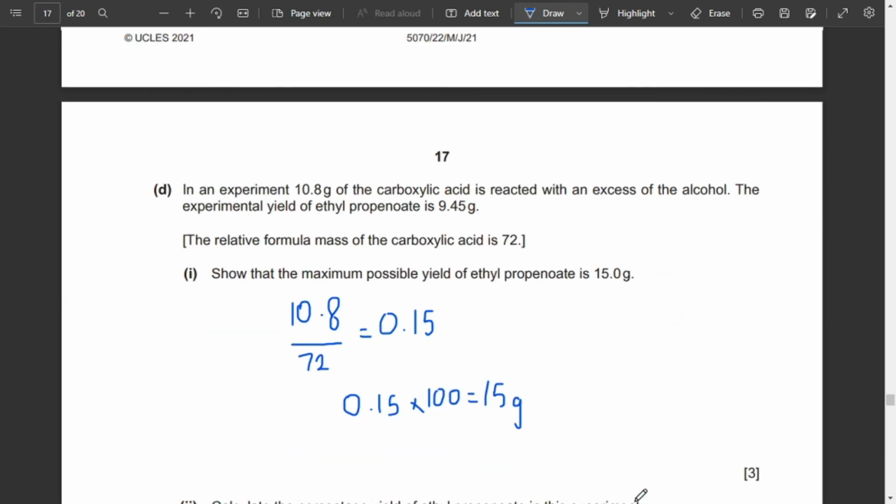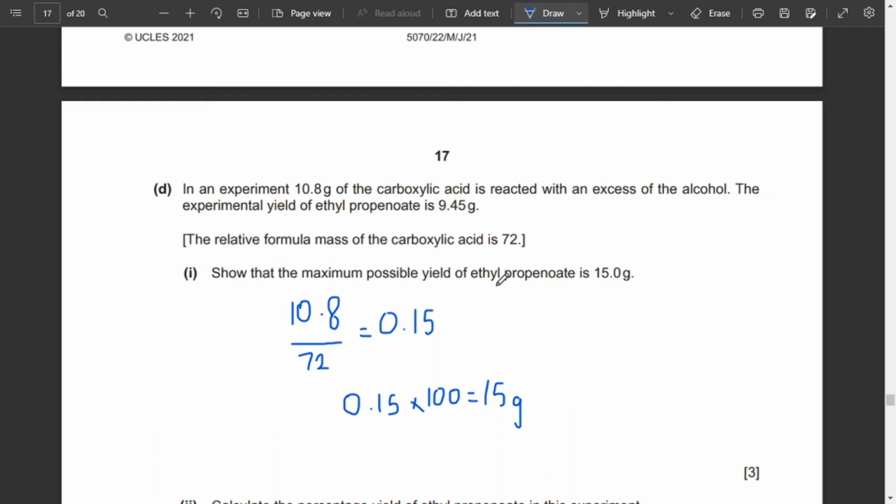So what I did over here is I took 10.8 grams of carboxylic acid and divided it by its relative molecular formula mass so that I can find the moles. So basically this is the moles of it. And then to show the moles of ethyl propanoate, what I did is multiply.